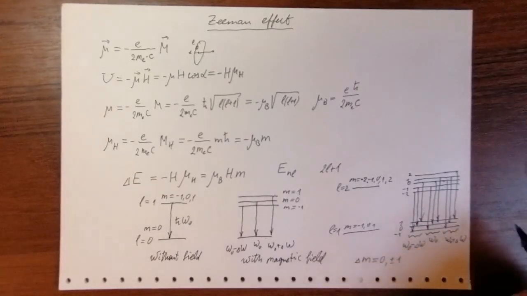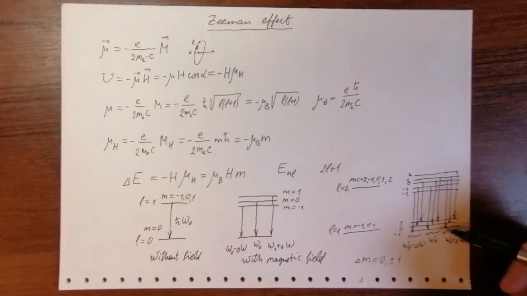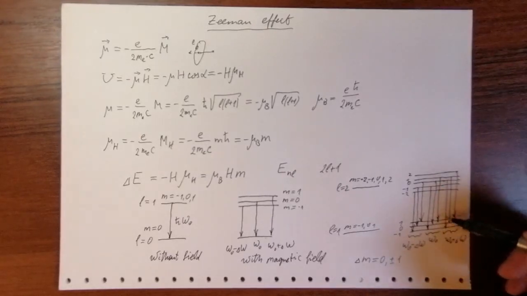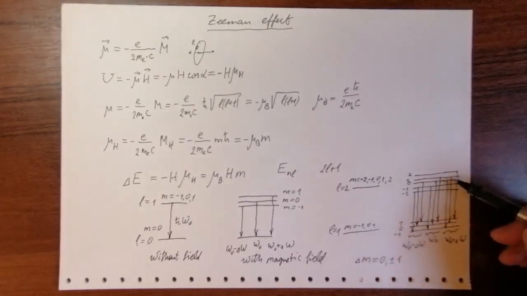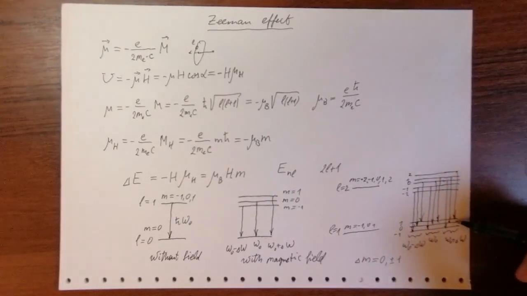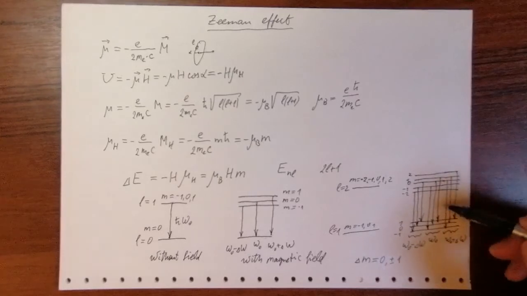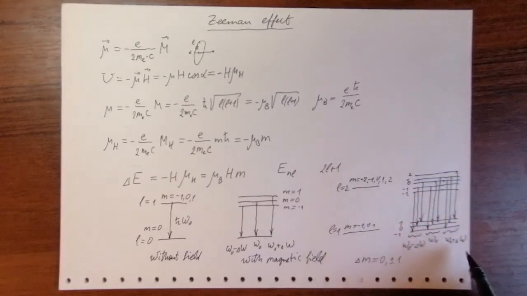And if transitions are from, say, 0 to -1, the energy is greater than for this case, and the same is for +1 to 0 and +2 to +1. So these three transitions give us the same frequency, omega 0 plus delta omega. So we have a splitting of these levels and corresponding frequencies of observable light.